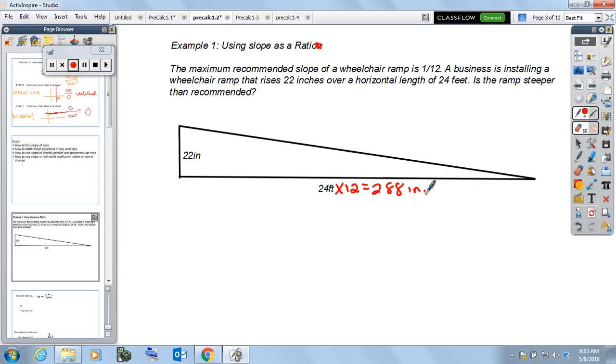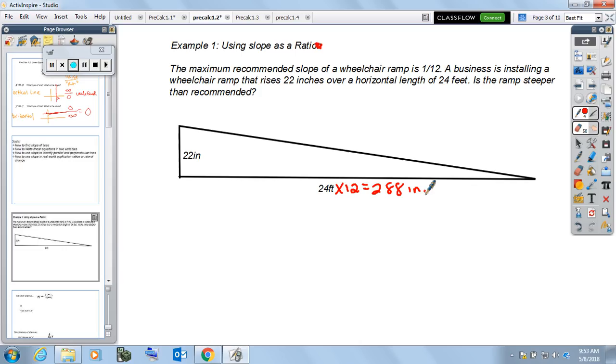This is our opening statement: the slope itself is a definition of steepness. How steep is something? How intense is the incline or decline of, in this case, a ramp, or what we're going to talk about more as a function? How steep is the slope of that function?